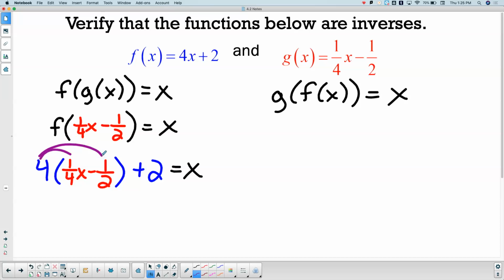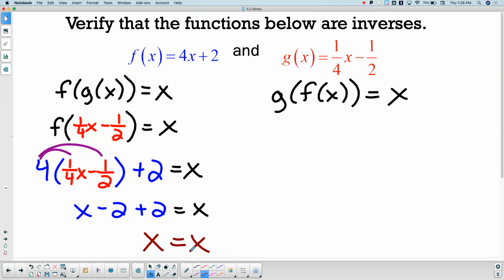Distribute. 4 times 1/4 is 1, times x is x. 4 times 1/2 is 2, so that's minus 2 plus 2, which is 0. So then we just get x equals x.